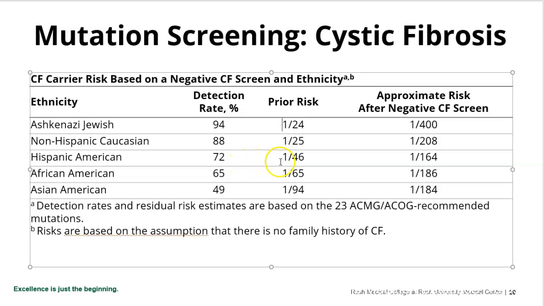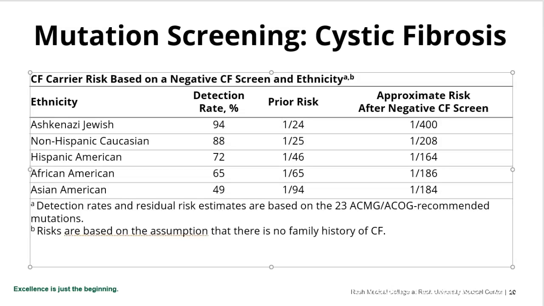So here we have a double risk to those of Ashkenazi Jewish descent before you took testing, but it's higher after testing because the testing isn't very good. And when you get to Asian Americans, what's the use of even doing carrier testing, because you haven't dropped your risk all that much.